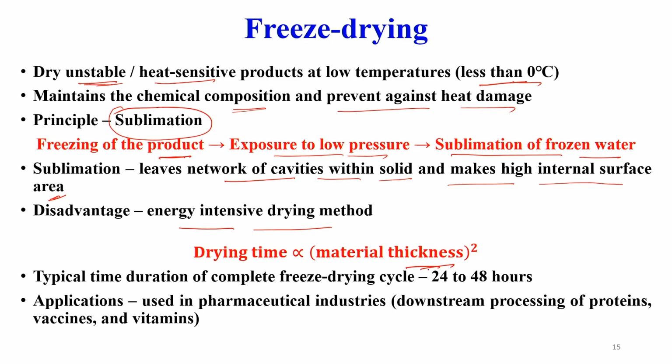The drying time depends on material thickness. If it is a thick material, it takes a long time for freeze drying, and the typical freeze drying cycle is about 24 to 48 hours.